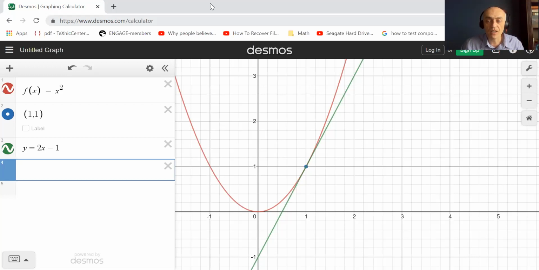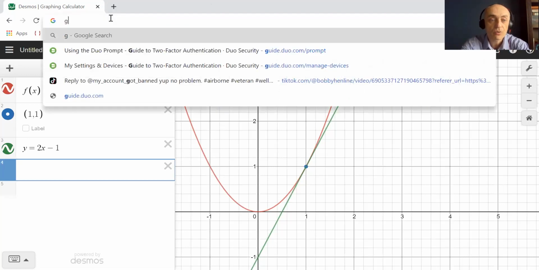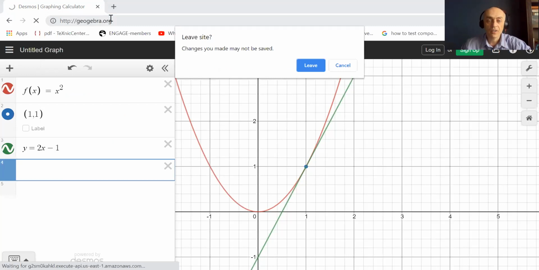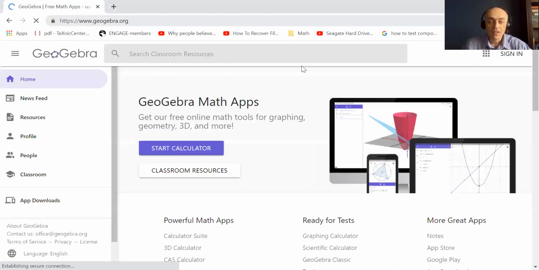I'll do something in a different type of software called GeoGebra, because that allows me to do things a little quicker than Desmos. Desmos will be the main go-to program, but there's another one called GeoGebra.org, and that is also a useful tool.